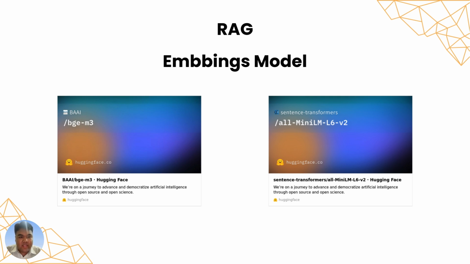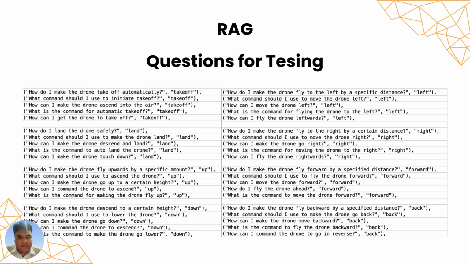The main thing of RAG is the embedding, right? We need to embed the human command to be a computer command. So I tested two models, BGE-M3 and all-MiniLM-L6-v2, and I designed a set of questions for testing.